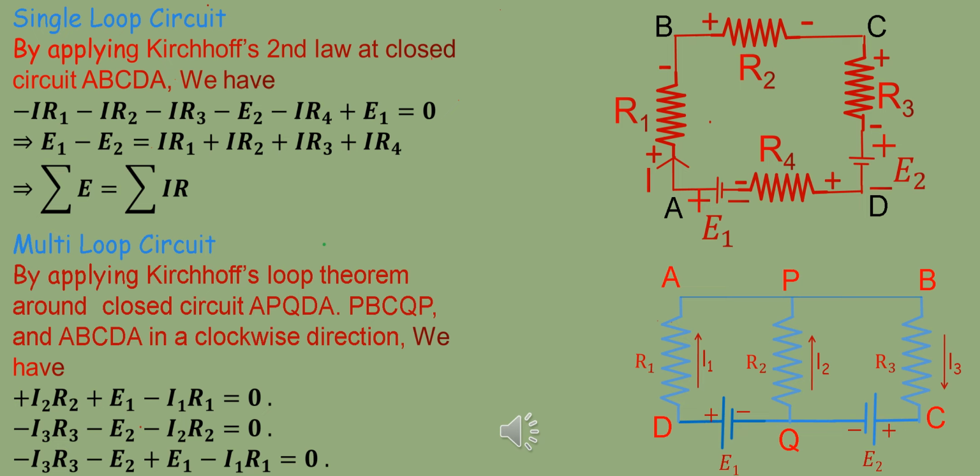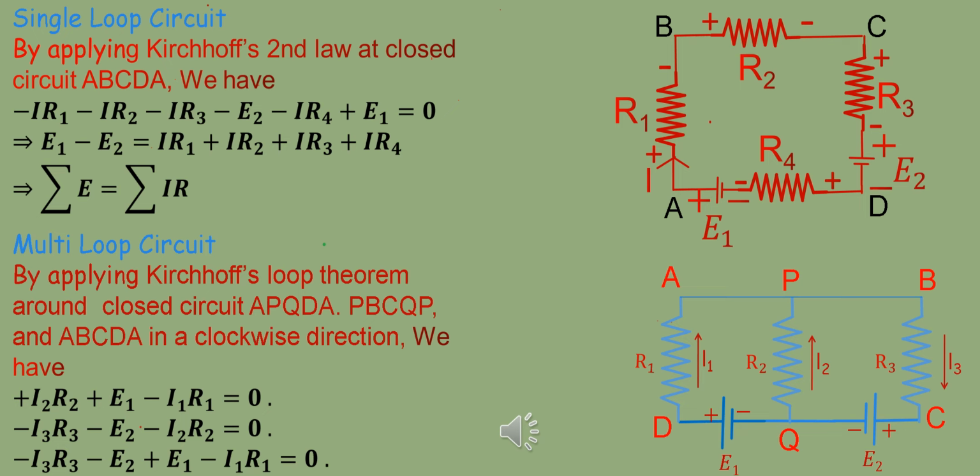And when we go from the positive terminal of battery E2 to the negative terminal, potential will fall, and the potential fall will be minus E2. When we go from D to A, we are going from a higher potential point to a lower potential point, so potential will fall, and the potential fall will be minus IR4.